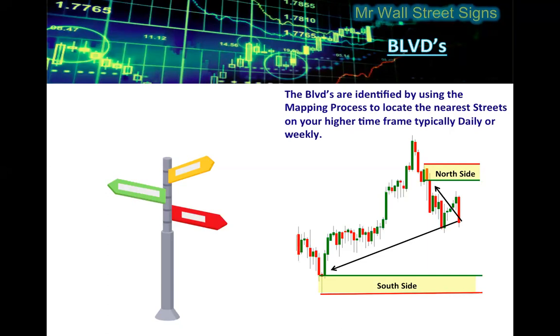For those that are your traditional swing traders, you're going to your weekly time frame to identify your boulevards. So all the boulevard is, is the higher time frame street. We all good? Give me a 1 if you follow me. I want to make sure we do this before we move on.